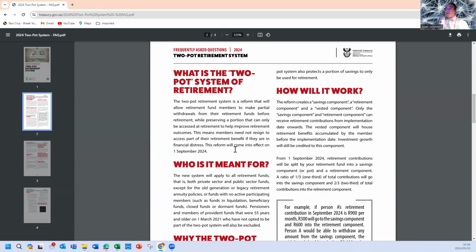You can't do that with a retirement annuity. You have to have savings in place already. You need to have emergency funds. You need to have some form of savings that is liquid that you can access in an emergency so that you do not have to resign from your employer.